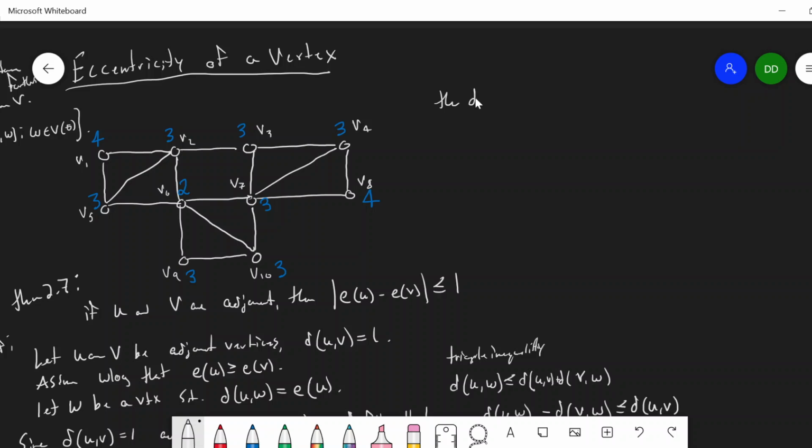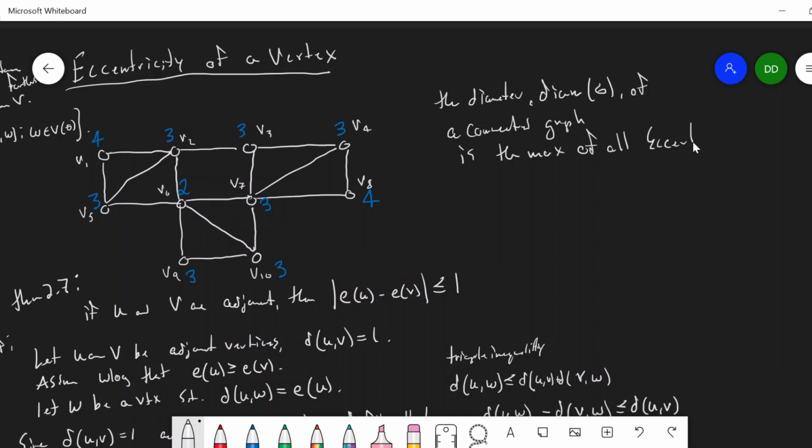So the diameter, diam of G, of a connected graph is the maximum of all eccentricities.